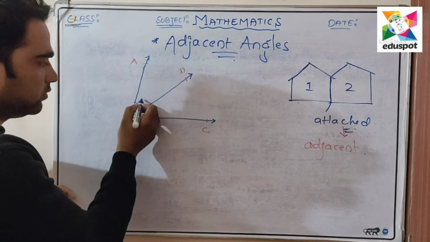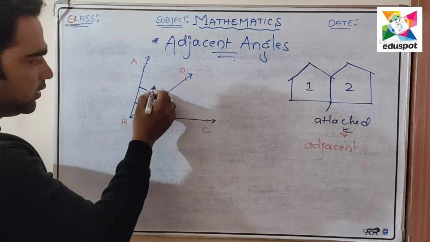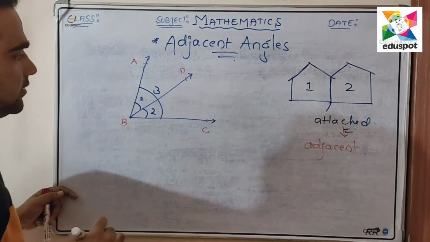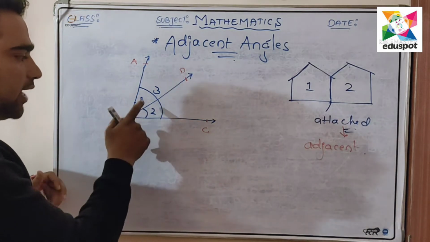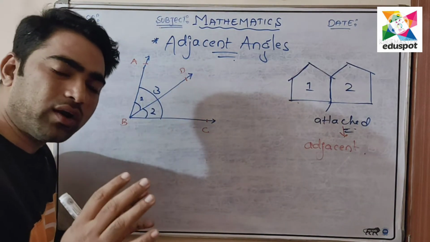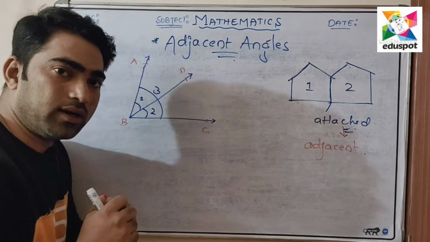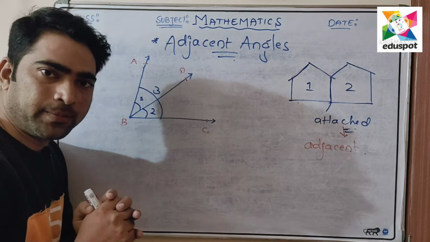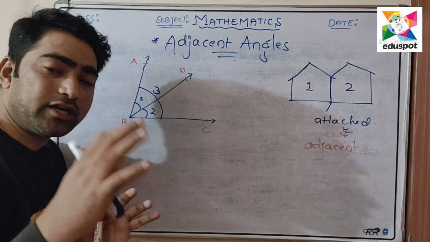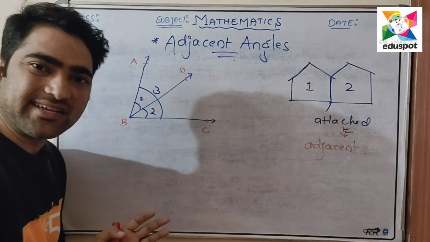Here angle 1, angle 2, and together angle 3, right? Fine then. These two, angle 1 and angle 2, we call adjacent angles. But you can't simply call them adjacent angles, because some rules and properties are there that you need to remember. What are the rules or properties of adjacent angles?